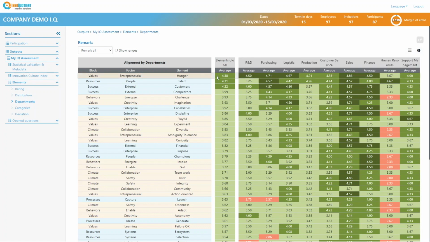They also have one color according to their value. The purpose of this effect is to view the alignment between departments. When an organization has a homogeneous perception of its condition, regardless of whether it is better or worse, it is in an optimal situation to work on its culture.